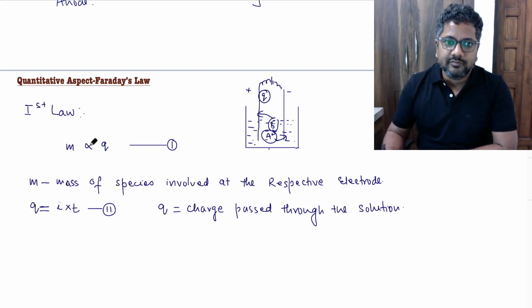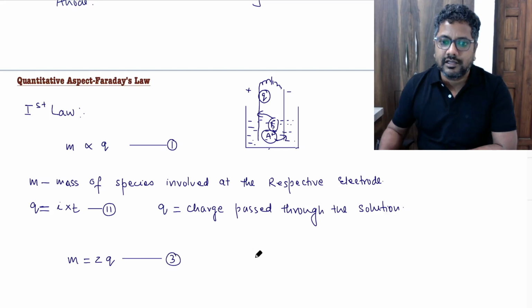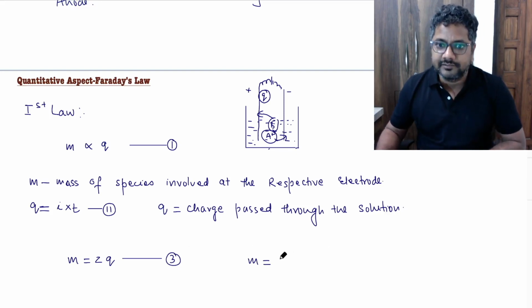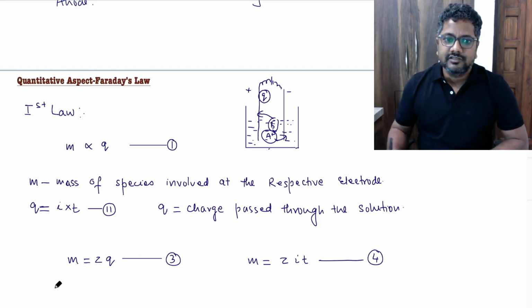Now the proportionality sign you can remove and put some constant here. So M is equal to Z into Q. This is equation 3. Or M is equal to Z into I into T. This is equation 4. Now see, what is Z here?